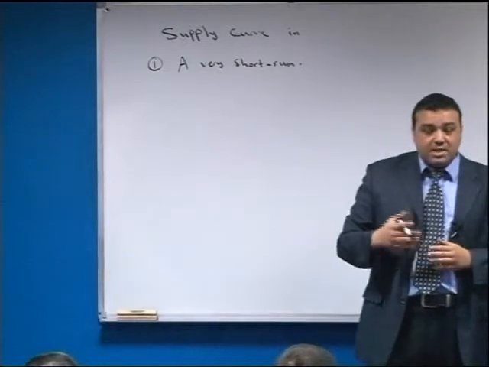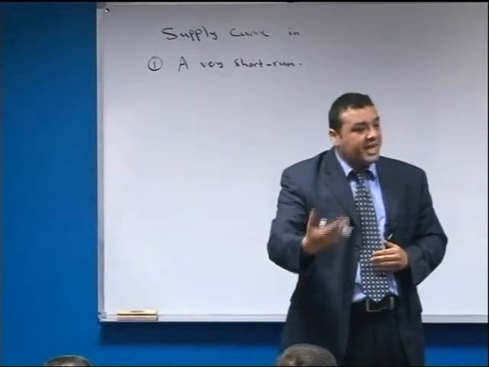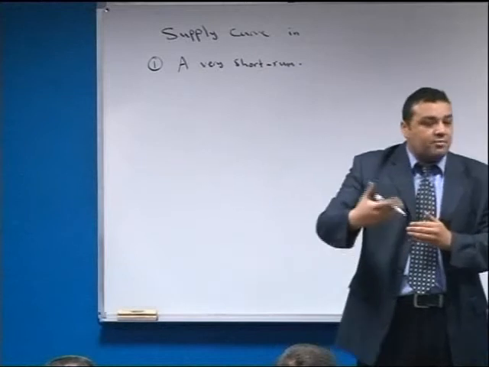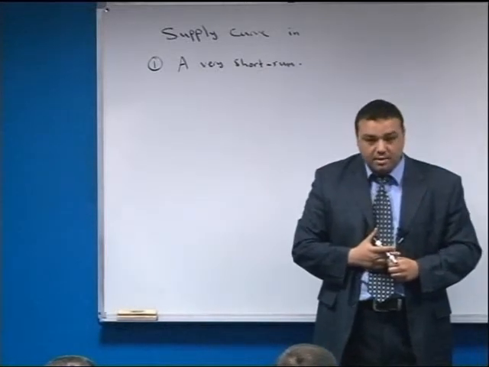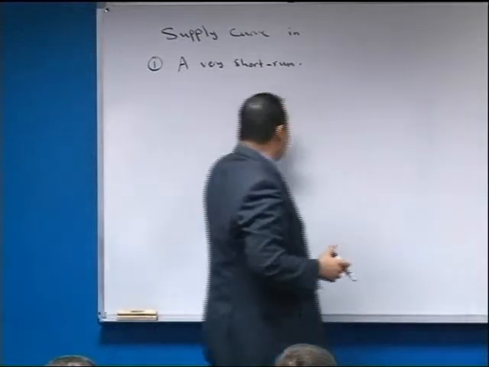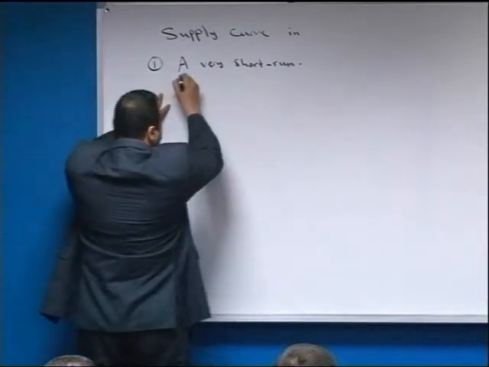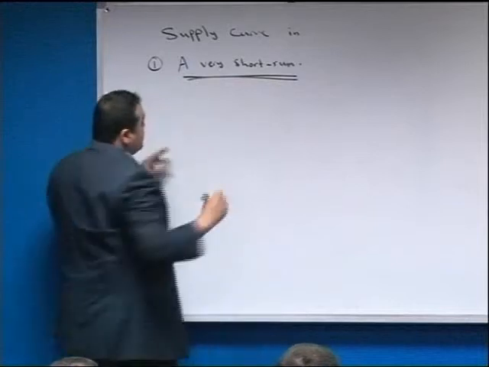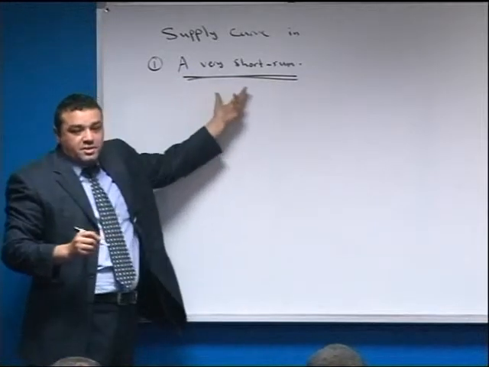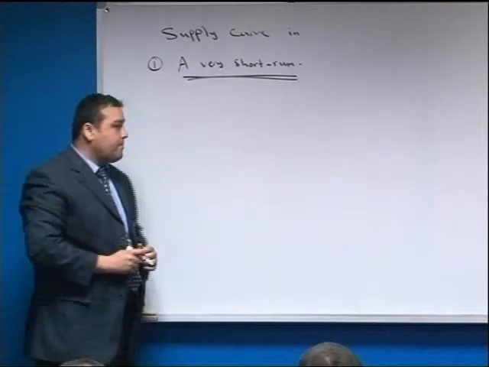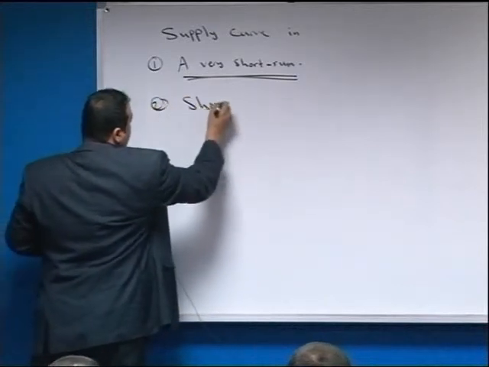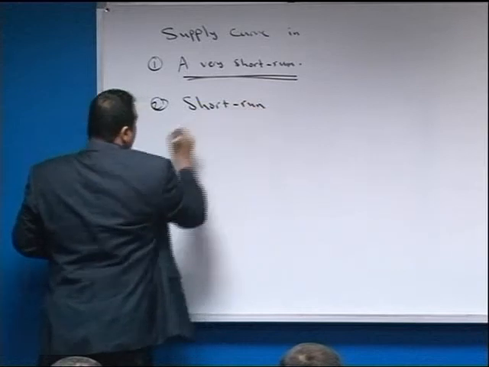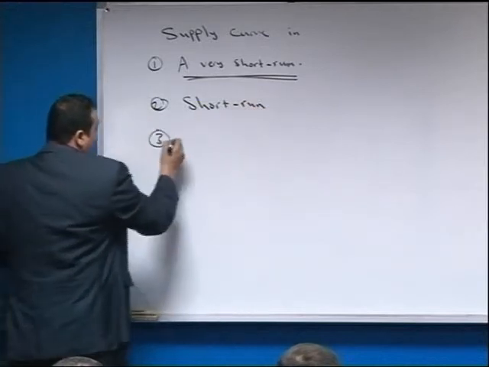But in the short term, the producer can increase the number of workers in order to increase production. Okay? So we have three terms. Number one is a very short run. Number two, the short run. And the third one is the long run.